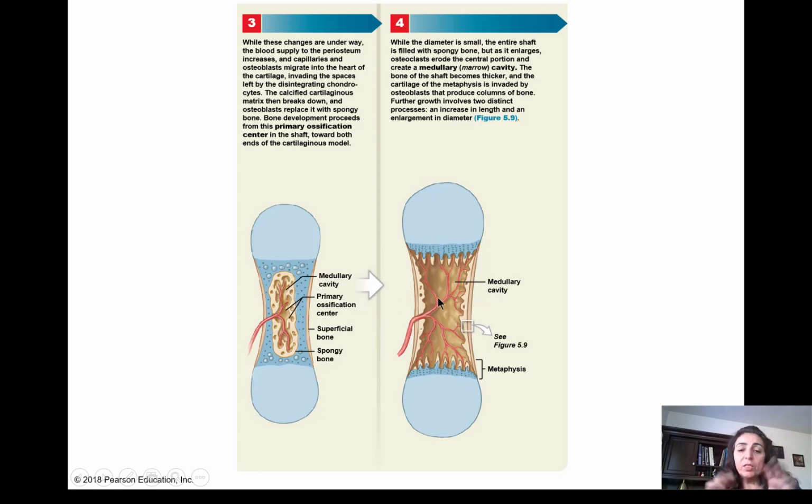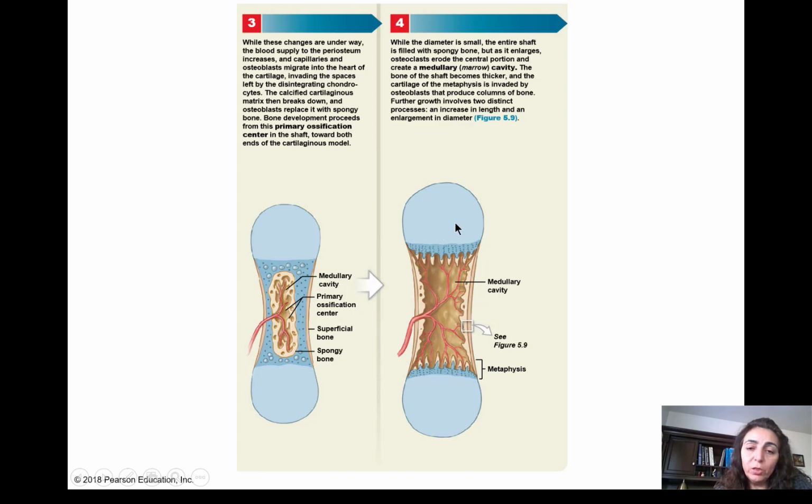As these rise and invade the surrounding area, they go around until they get to the metaphysis, right? So as you see, the medullary cavity has been completely formed. But you still see that at the beginning spongy bone was formed, and it is being eaten away and moving. Finally, one outer layer of compact bone remains here, and one thin layer of spongy bone remains here and here.